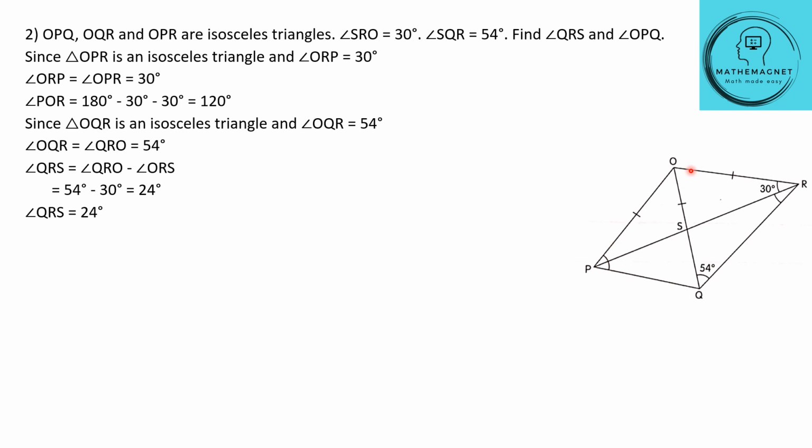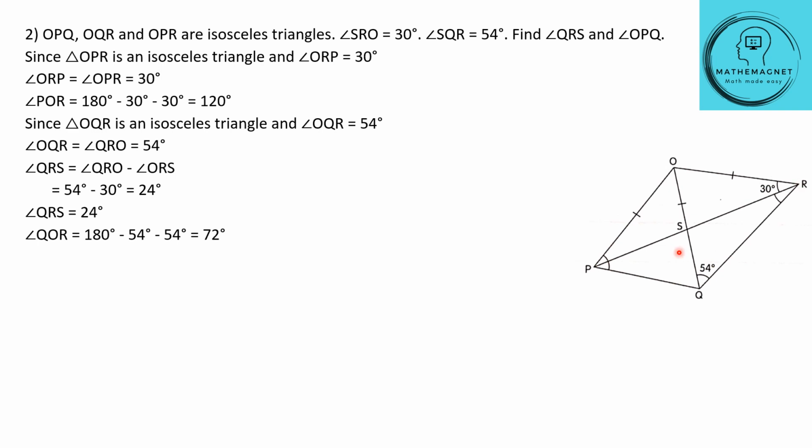Now let's go to the next part, which is angle QOR, in the same triangle OQR. This angle will be 180 minus 54 minus 54, which is equal to 72.